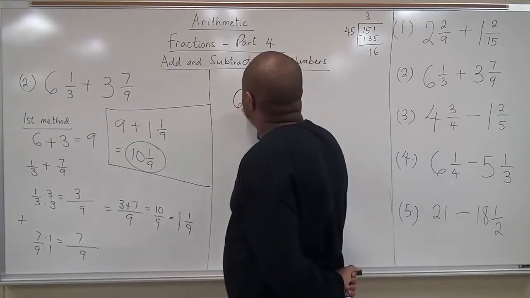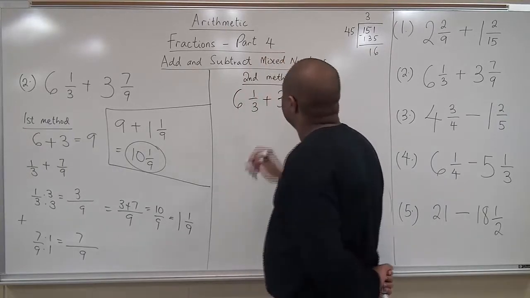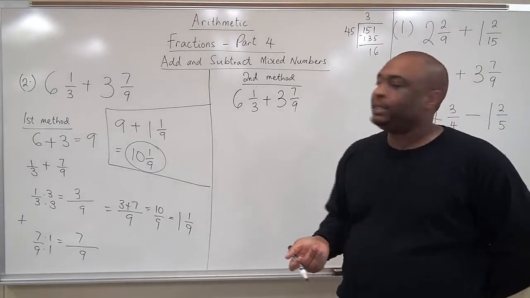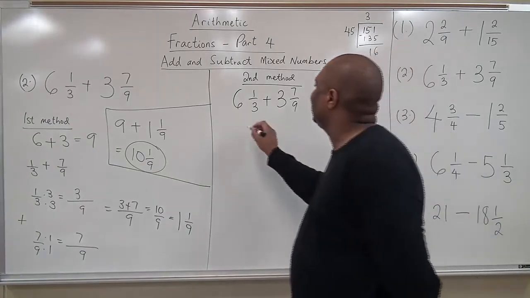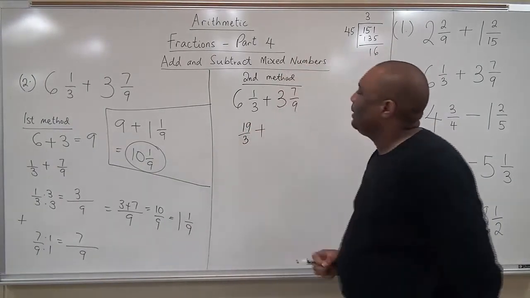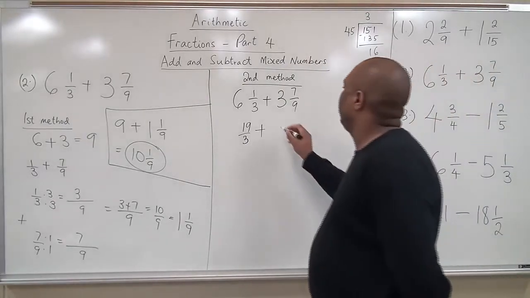If I have 6 1/3 plus 3 7/9, I convert to improper fractions first. 3 times 6 is 18 plus 1, 19 over 3, plus 9 times 3 is 27 plus 7, 34 over 9.